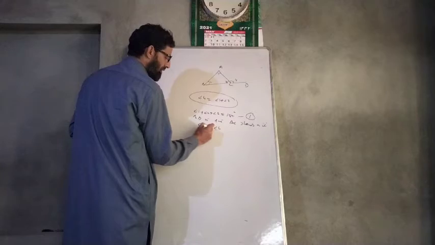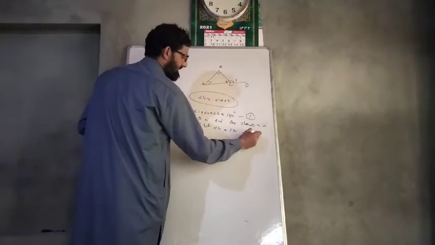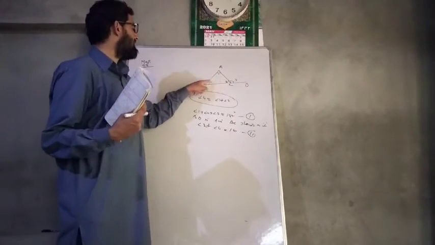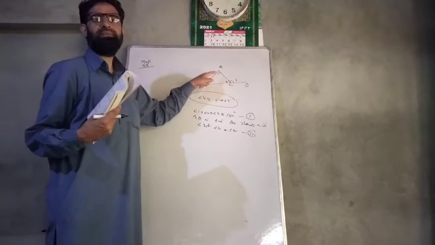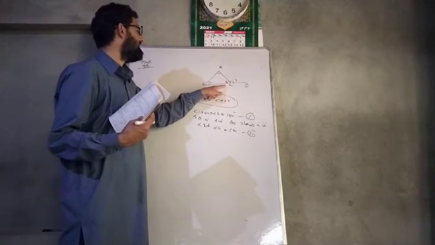Angle 3 plus angle 4 is equivalent to 180. This is equation number second. Now see once more, ABC is a triangle, therefore the sum of angles of a triangle is equal to 180. Therefore angle 1 plus angle 2 plus angle 3 is equal to 180.